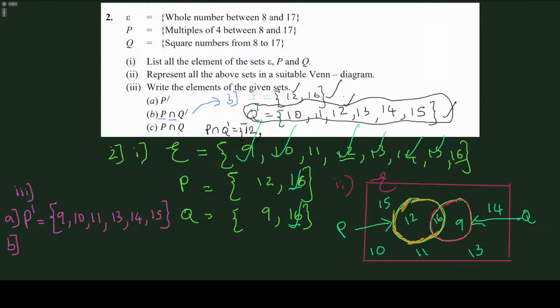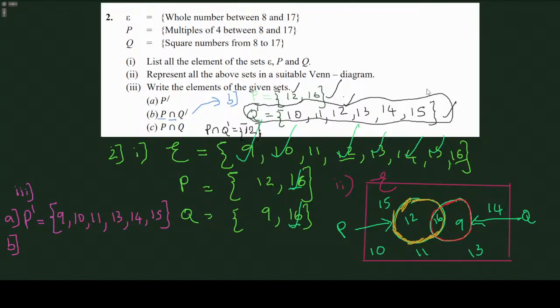No, it is not a common element. So there is only one element which is common to both the sets P and Q complement, that is 12. So P intersection Q complement is equal to a set with one element. What is that element? 12.